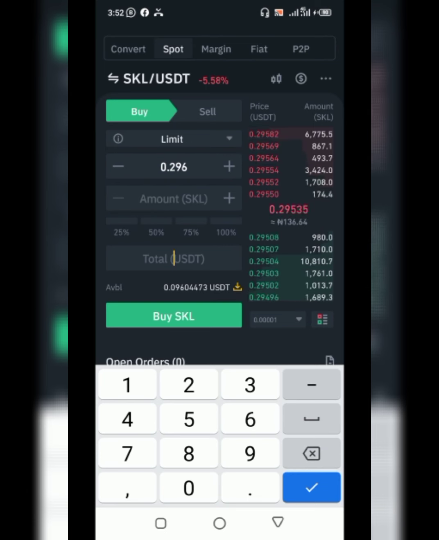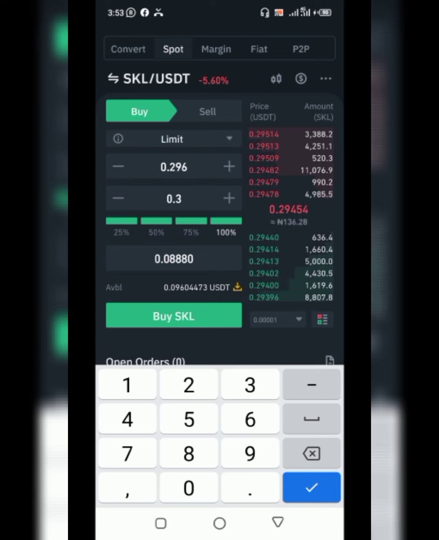Let's do it this way. Imagine I have 100 USDT in my wallet. Selecting 25% simply means I'm using 25 USDT to trade. Selecting 50% means I'm using 50 USDT. Selecting 75% means I'm using 75% of my money to trade. Selecting 100% means I'm using all my USDT, which is my 100 USDT.